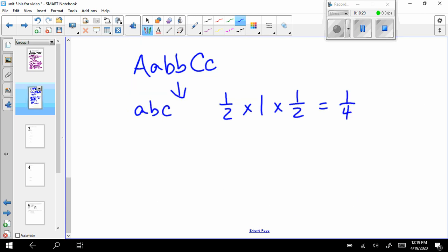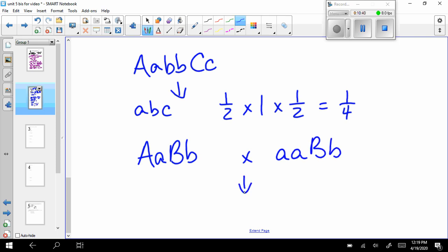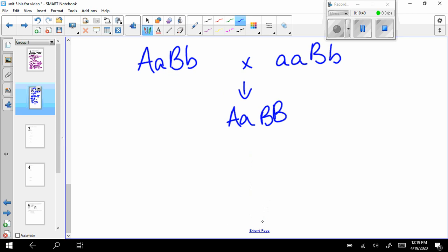Okay, you can also use this. Let's say we're doing a cross, big A, little a, big B, little b, this times this. And I want to know what are the odds that I'm going to have an offspring that's big A, little a, big B, big B. And so I can look at just the A's.